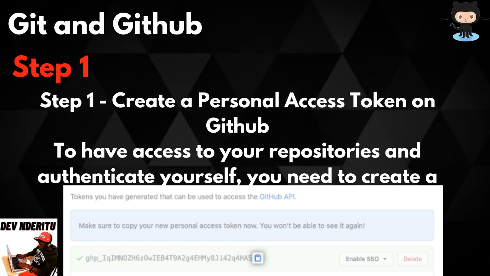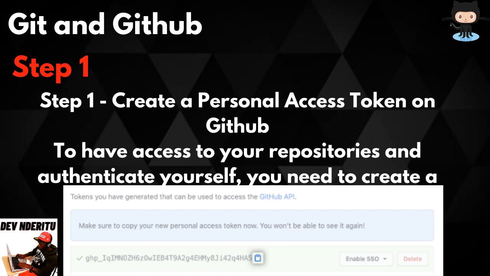As I mentioned earlier, the token is what you're going to use to connect the directory that you're working on to the remote on Git using the Sandbox web terminal.